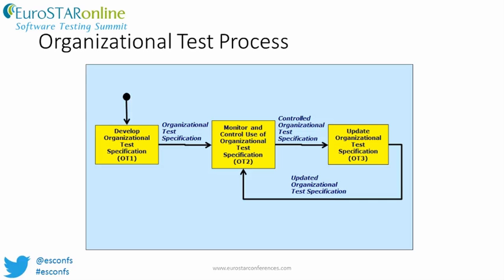In contrast to the test policy, the organisational test strategy is a technical document that details the expected practice of testing on all projects in the organisation, and, as such, is expected to comprise many more pages.